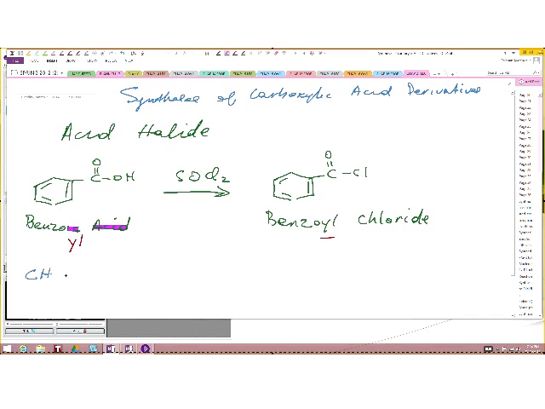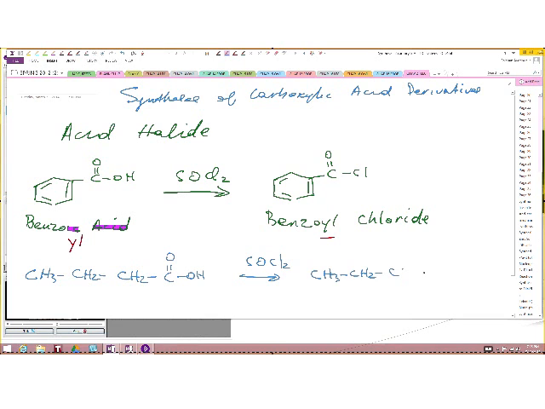If we have this molecule here, we take butanoic acid and react it with thionyl chloride.